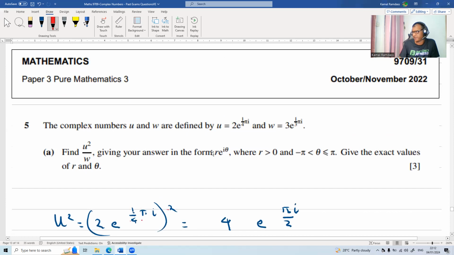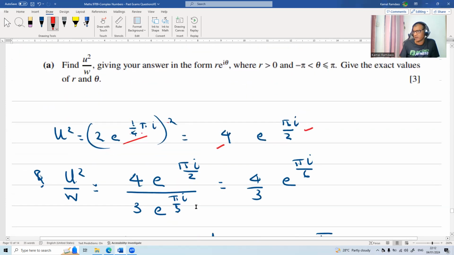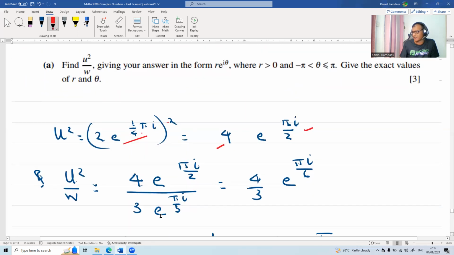Nous put the whole thing to the square, ça veut dire ça, tout là, moving 4, and ça partie là, the power will be multiplied by 2, et moving 2 over 4, mean pi by 2i. And u square over w, u square mon fini gagner 4e to the power of pi i by 2. Divided by w. w c'est 3e to the power of pi i by 3.